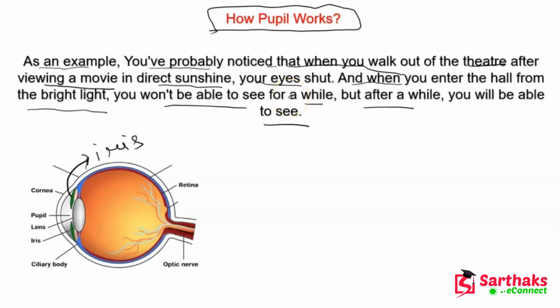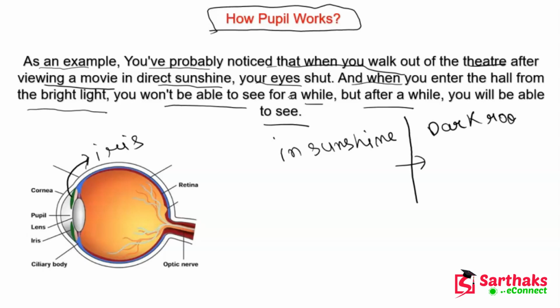But guys, let's talk about the other case where you are already in sunshine. Because lots of light is coming to your eyes, the iris opening is not that much open. But let's suppose you enter a dark room. Now your iris is short.